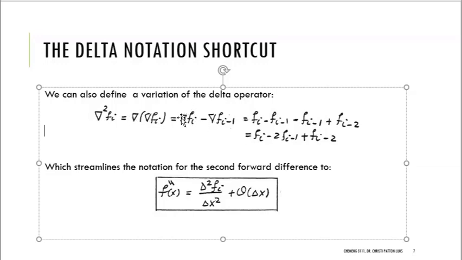And now I can apply the definition for delta to this. We end up with these terms. These two are the same, so I end up with this. This gives us a really streamlined notation, which says that f double prime of x is delta squared of f i over delta x squared plus those error terms.